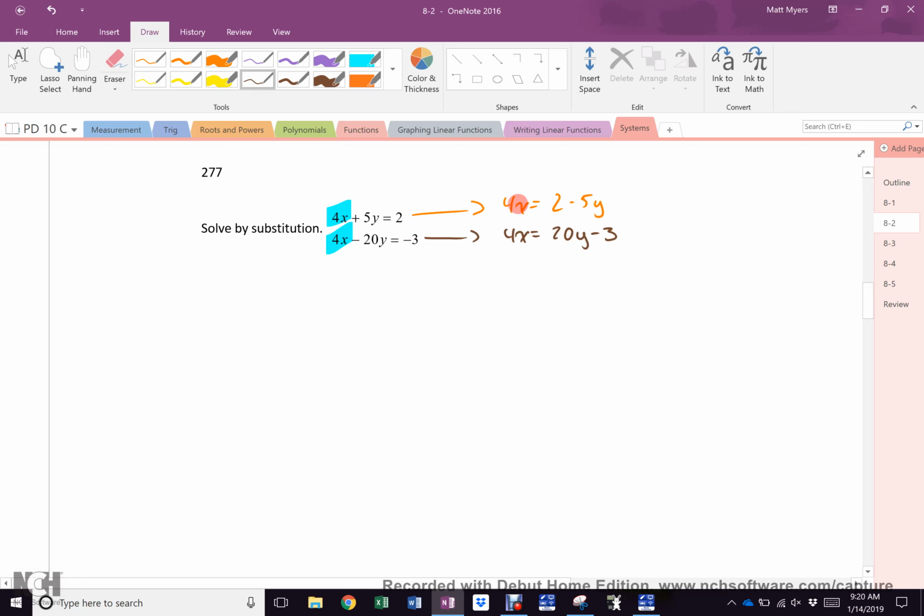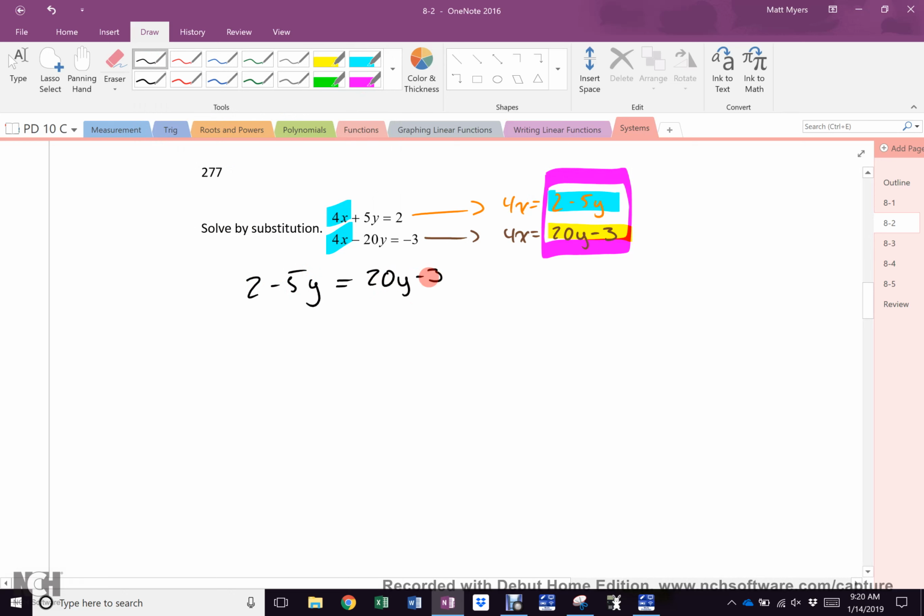Well, if 4x equals this, and 4x equals this, what does that tell us about those two things? That they are the same. Isn't 2 minus 5y equal to 20y minus 3? Because this equals 4x, and this equals 4x, and 4x equals 4x.